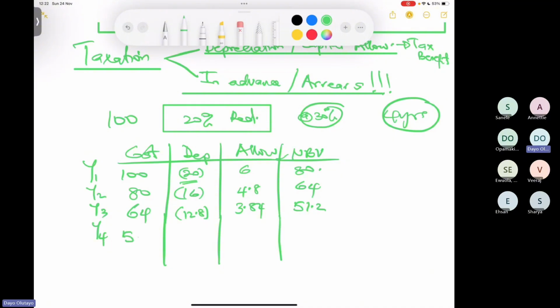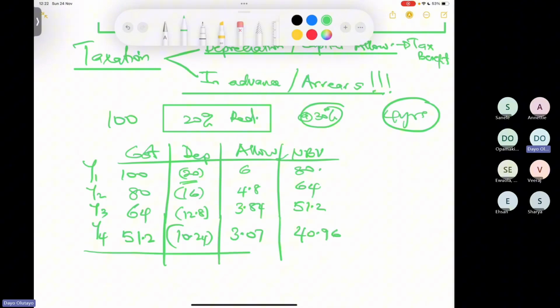You open the final year with 51.2. You're going to charge depreciation at 20%, 10.24. And you have a benefit at 30%, that's 3.07. Then you close that year with a net book value of 40.96.